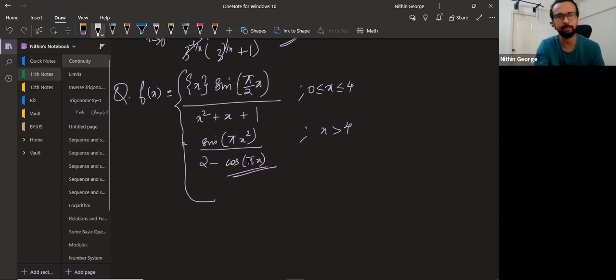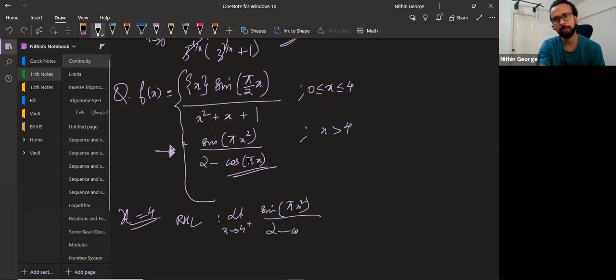We're looking at the RHL at x equal to 4. The RHL is defined by this function here. So RHL is limit x tends to 4 plus of sine of x squared over 2 minus cos of pi x. 2 minus cos of anything will be positive, since cos is between minus 1 and 1. So the denominator is greater than 0.